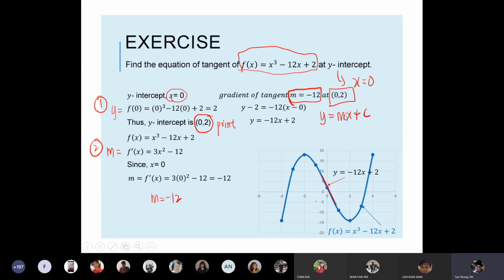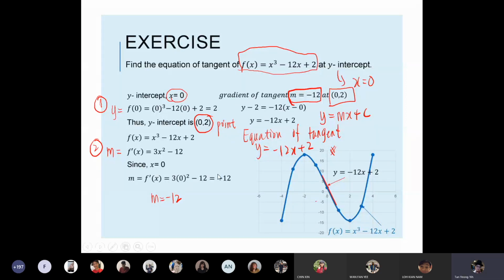So we substitute the slope, negative 12, and the point, then we find that c is 2. Therefore, the equation of tangent is y equals negative 12x plus 2.